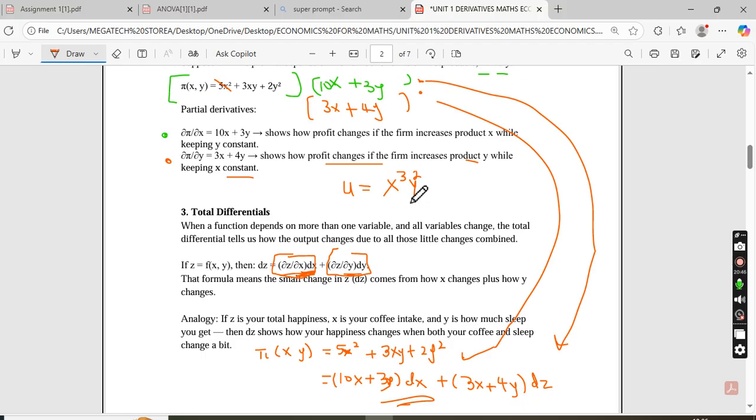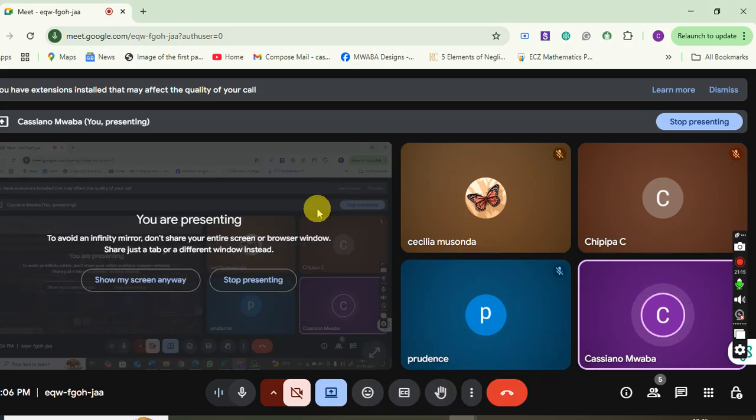That's what the total differential is: how the total function changes when you combine the change with respect to one variable and the change with respect to another variable. Just think of it as the total change, okay, colleagues? The partial derivative was the partial change. The total derivative is the total change.